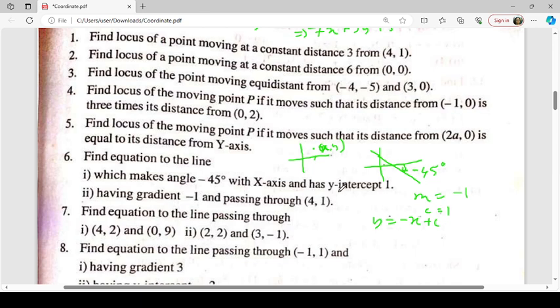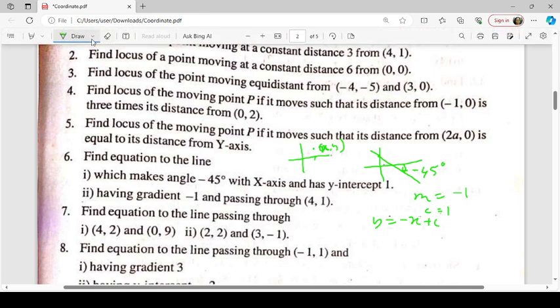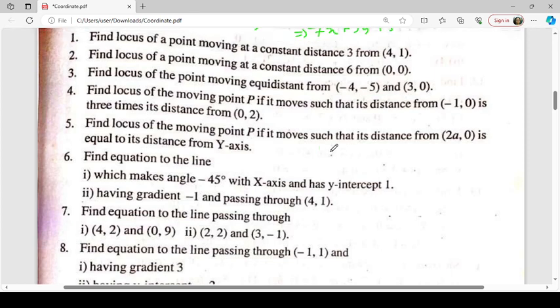Similarly, a line having gradient minus 1 passing through 4, 1. So how will we do this equation? Passing through the point, so the gradient is given and another point is given. So the gradient is minus 1. So if it passes through 4, 1, x1, y1 is given.